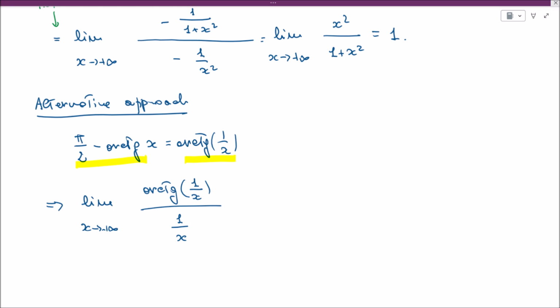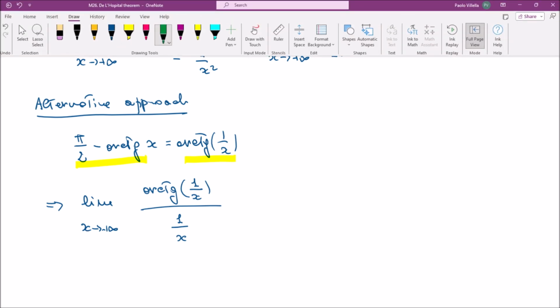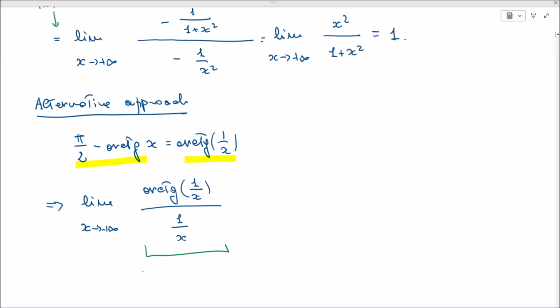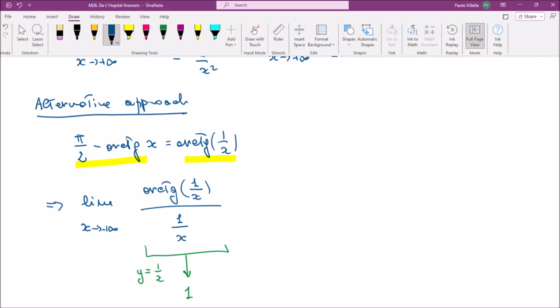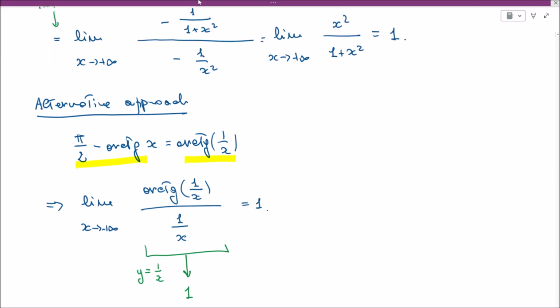Well, but this clearly, by the change of variable y equal to 1 over x, this is clearly a fundamental limit, and we know that this is 1, so we clearly get the same result.